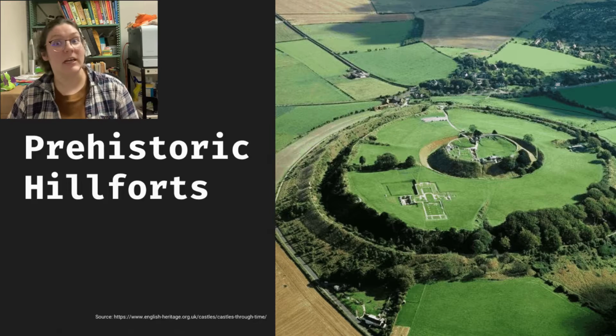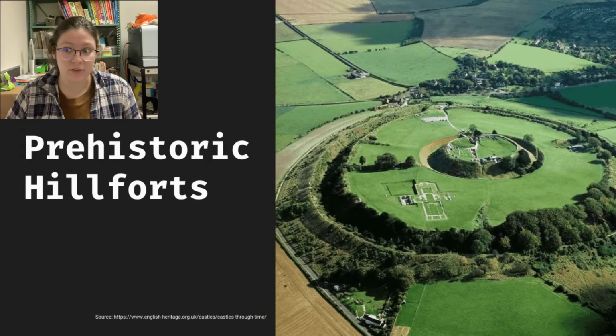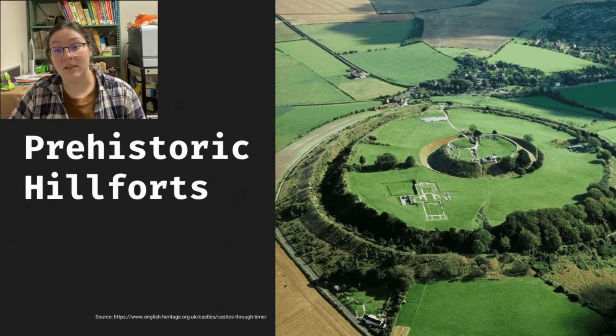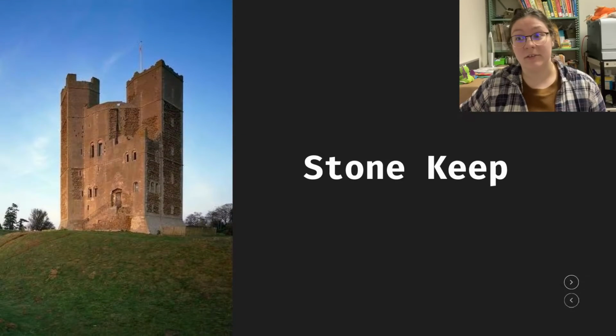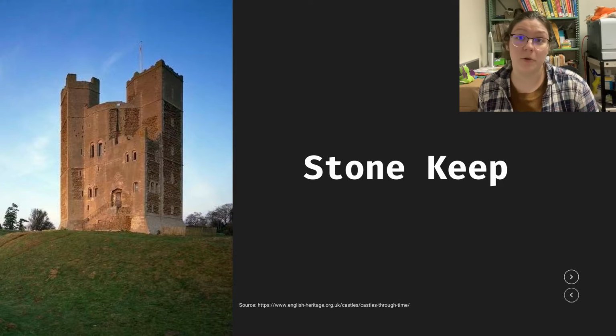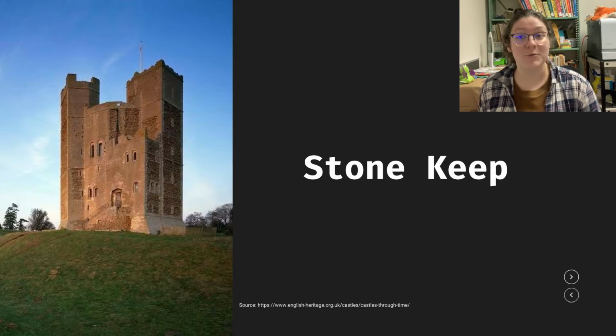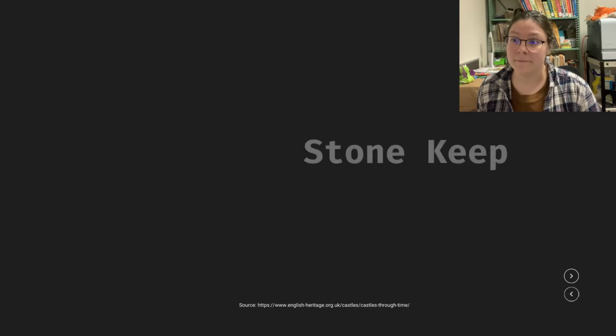They were built up on a hill, which means that they're harder to get to. The remnants of these hill forts can be seen all over England today. The next major evolution was to build castles out of stone so they wouldn't be burned down, which was the major drawback of those hill forts since they were constructed out of wood.